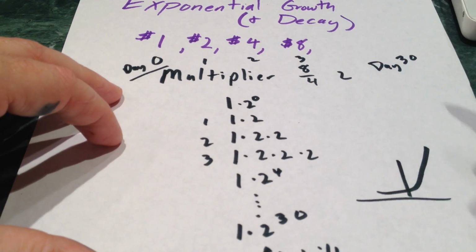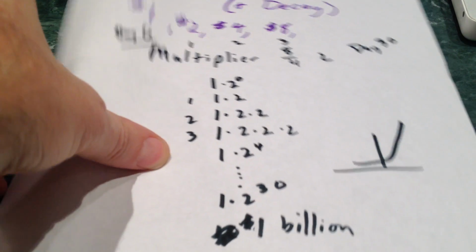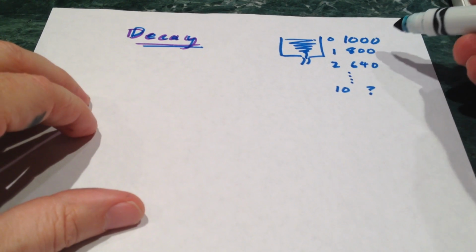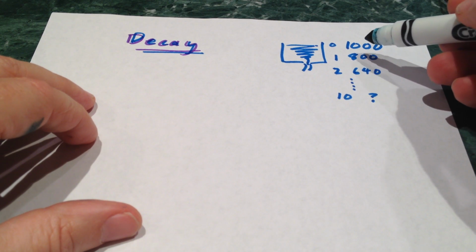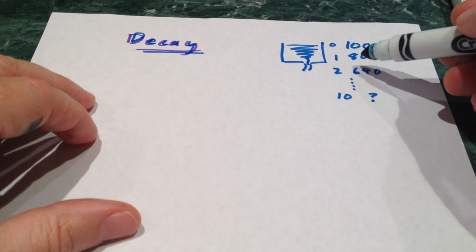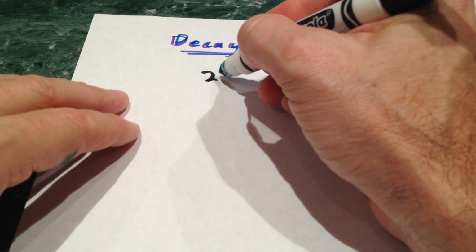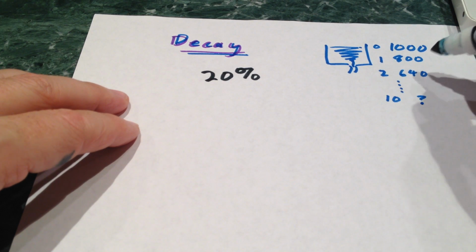That is exponential growth. So let's talk about exponential decay. A problem you might have for that is something like this. I've got a pool that's draining, and maybe because of the effects of gravity, it doesn't drain quite as much every time, so it only drains at what's called a 20% rate. So every time it's going to drain at 20%.